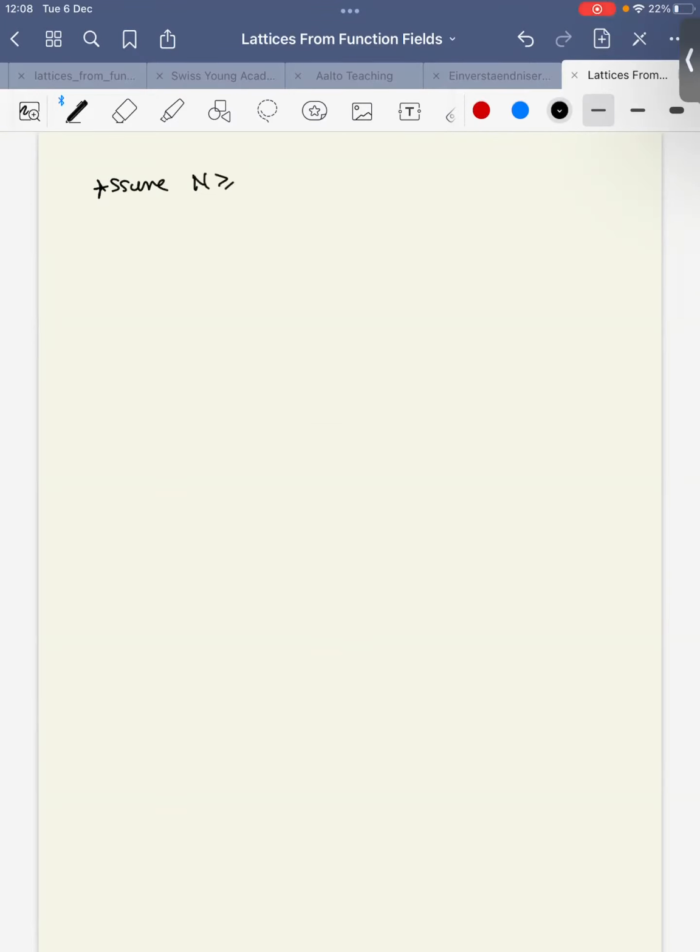Suppose that we have at least 4 distinct rational places.